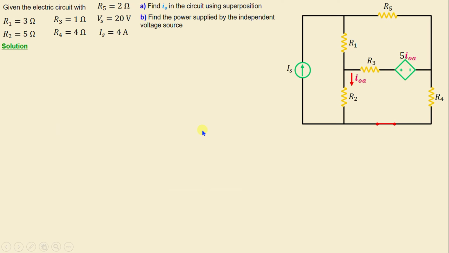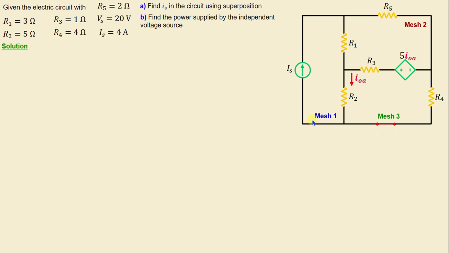Let's move on now by considering only the independent current source Is active. In order to find the current I0A, we can apply the mesh analysis method. It's evident that we have three meshes. This is mesh number 1, this is mesh number 2, and this is mesh number 3.